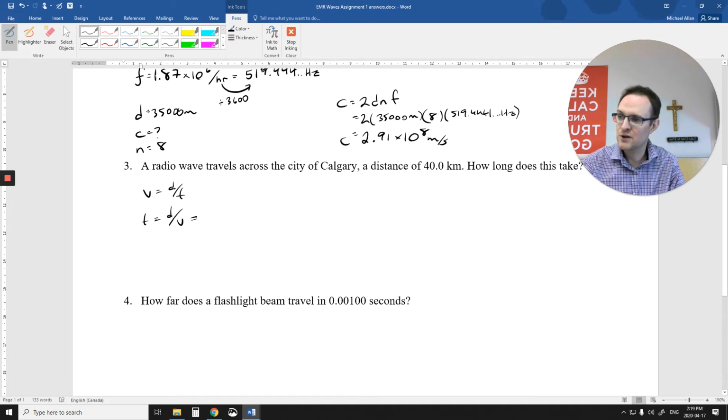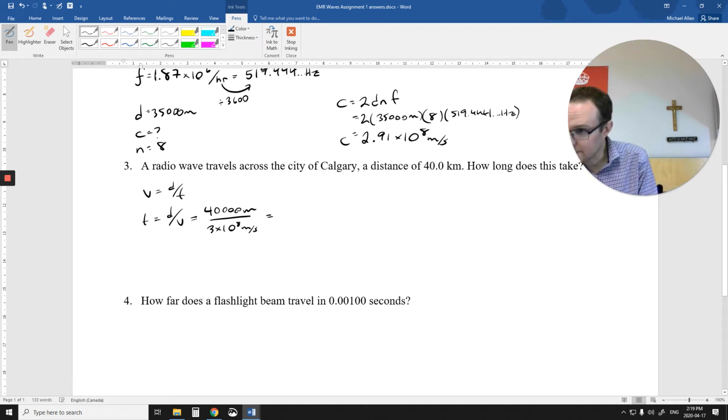I'm going to use this formula because light travels at a constant speed. So it's going to travel 40,000 meters, at 3 times 10 to the power of 8. I'm going to use the accepted value from our data booklet, not the numbers from the previous questions. So use this one.